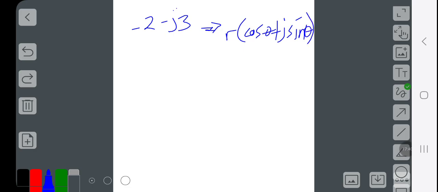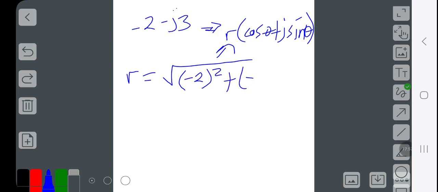The first thing you need to do is find our r, which is our modulus. We find r as the square root of negative 2 squared plus negative 3 squared. You can say negative 2, it's fine, or positive, there's a square already. So what do you get for r?